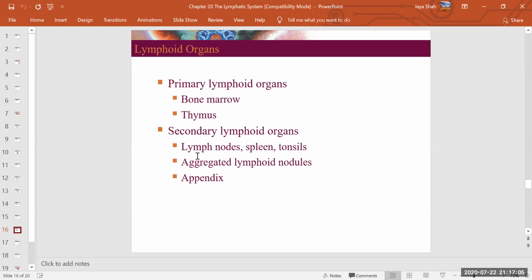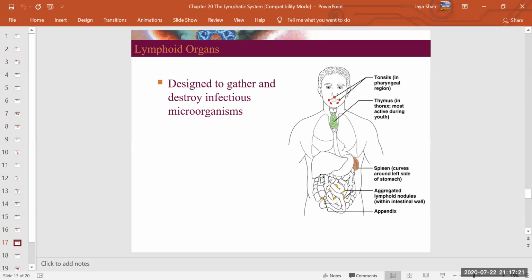Secondary lymphoid organs are the lymph nodes, spleen, tonsils, and aggregated lymphoid nodules in the body, and the appendix, which is hanging from your cecum in the large intestine, is another lymphoid organ. Okay, so these are the lymphoid organs designated to gather and destroy infectious microorganisms.